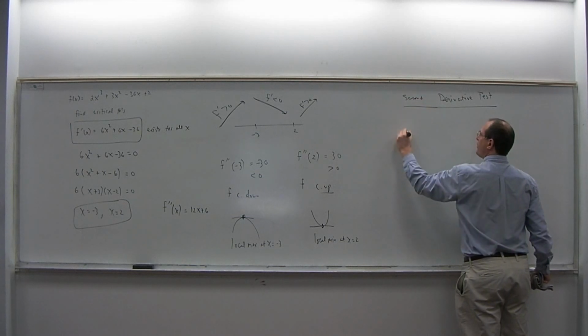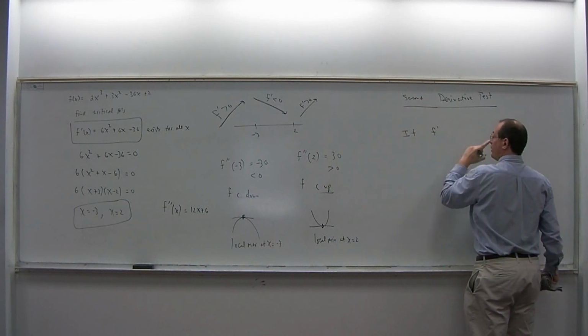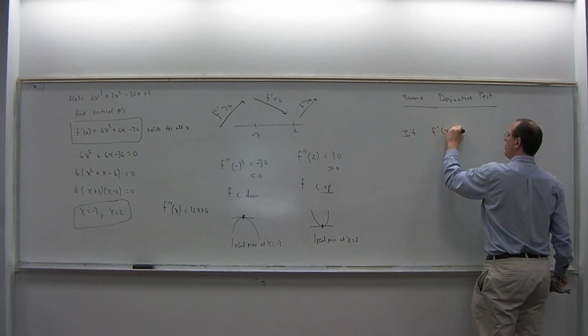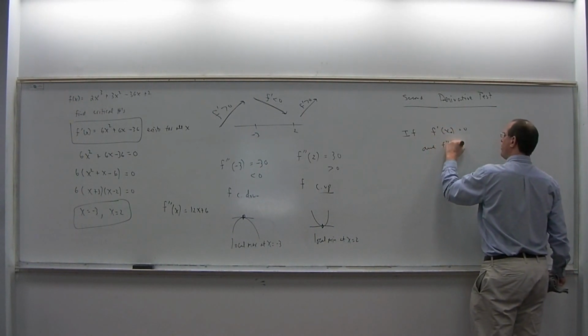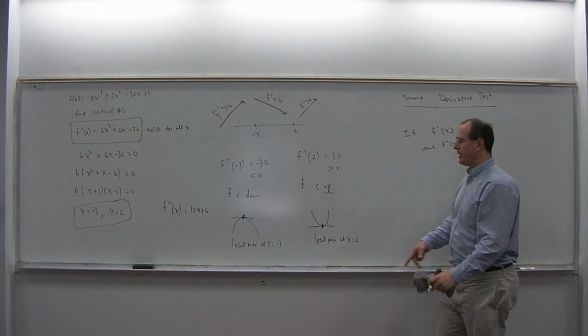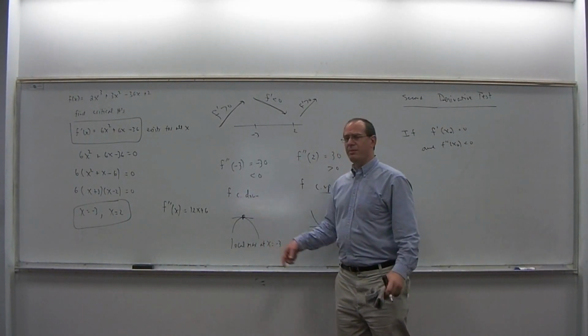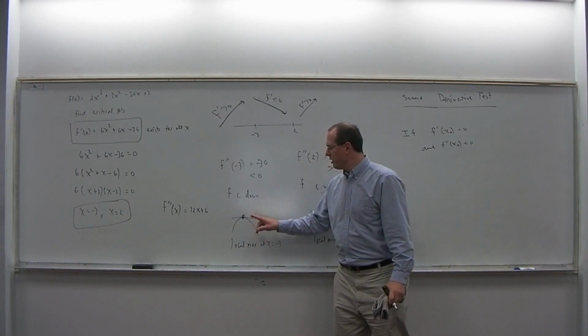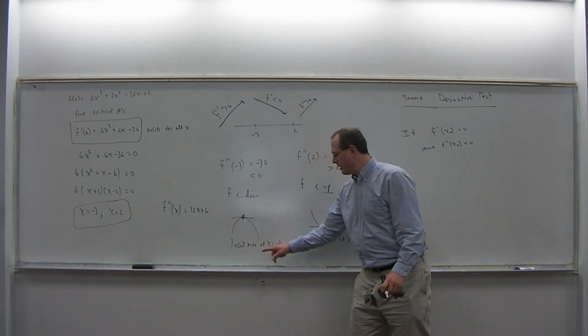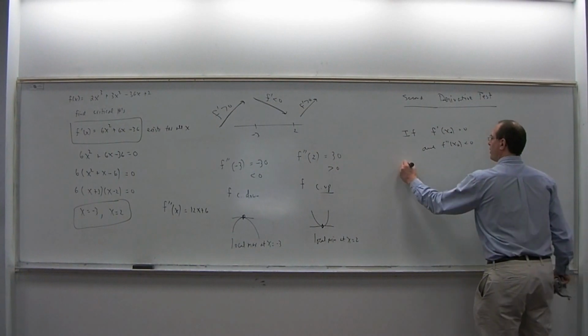The second derivative test says if f prime of x0 is equal to 0 and f double prime of x0 is negative, that's the first case. If f prime is 0 and f double prime is negative, then we have concave down with a horizontal tangent line, and so we get a local max.